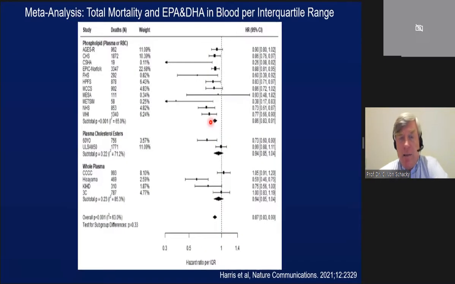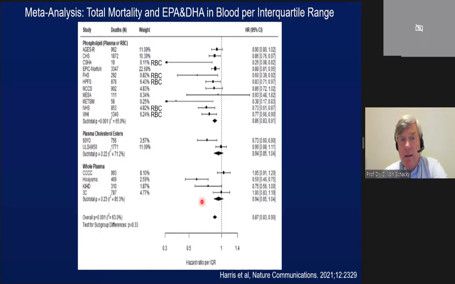Now, how does that play out in a meta-analysis? If you analyze whole plasma, then you cannot be sure that you have a good signal to noise ratio. And as you see here, 3 of the 4 studies, they cross the line of 1, meaning they didn't show any differences.